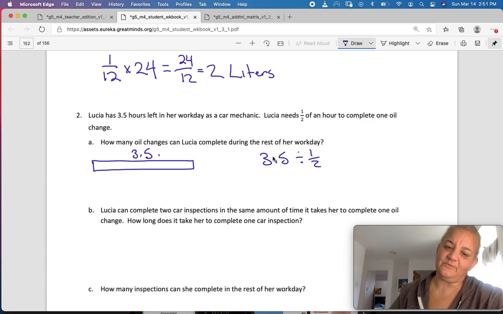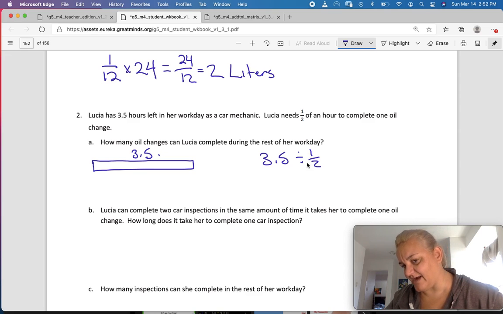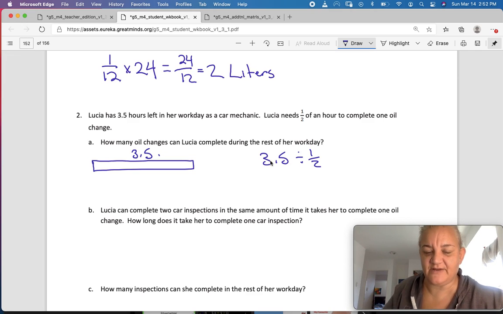Now what do we have here? We have decimals and fractions. So now we're going to have to decide, do we want to do this story problem in decimals, or do we want to do this story problem in fractions? Doesn't matter to me. Let's start with decimals, and then we can try with fractions later. Well, or let's do fractions first.